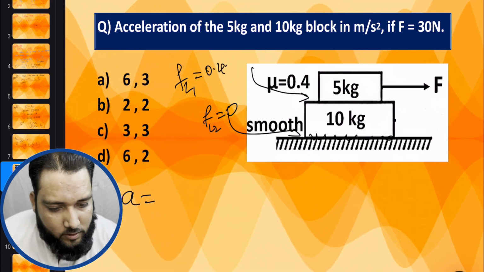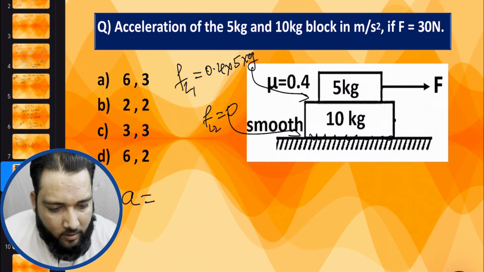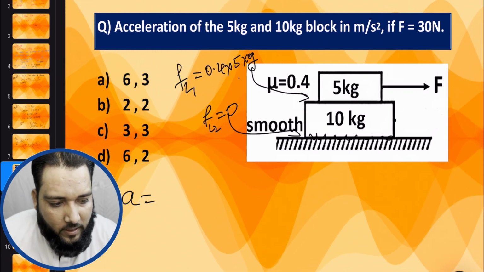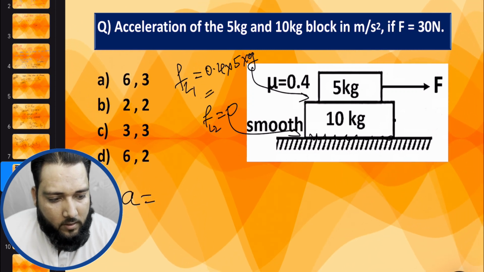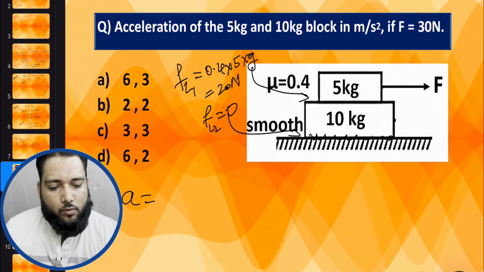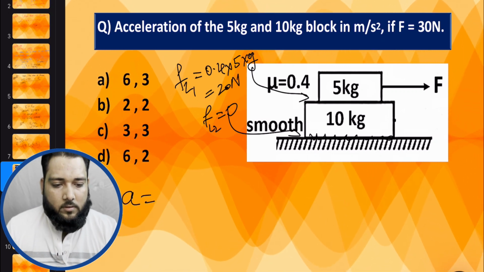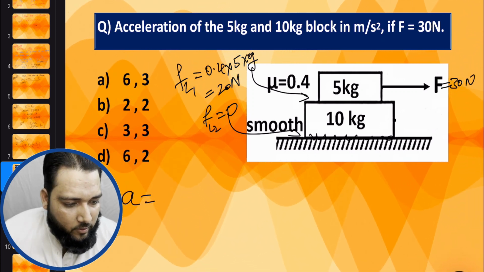FL1 we can calculate, that is mu into 5 into G. G we can take as 10, it is not mentioned, but we can take 10. So that will be how much? 20 Newton. Are you getting my point? And the value of F is mentioned, that is 30 Newton.